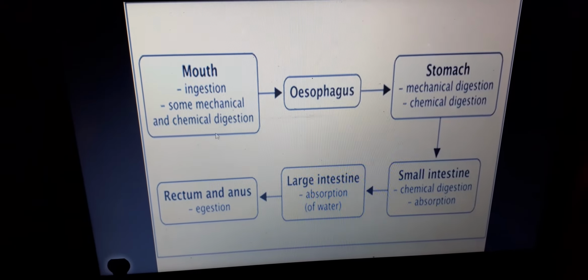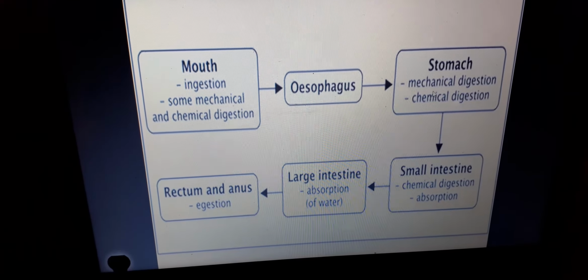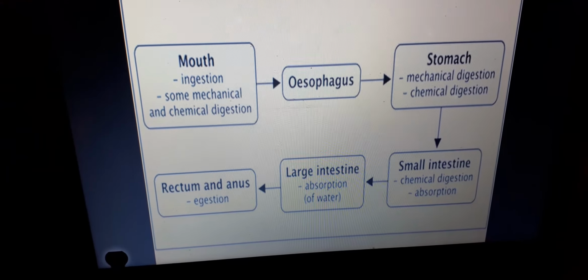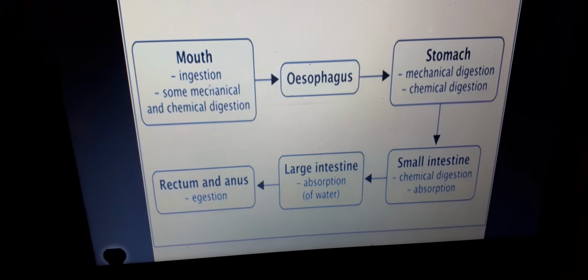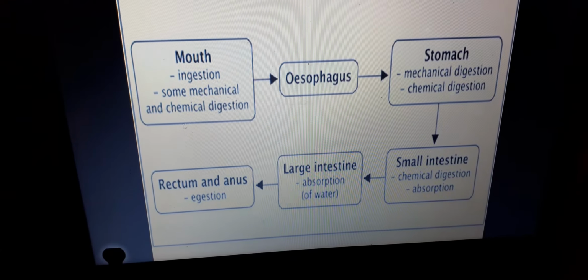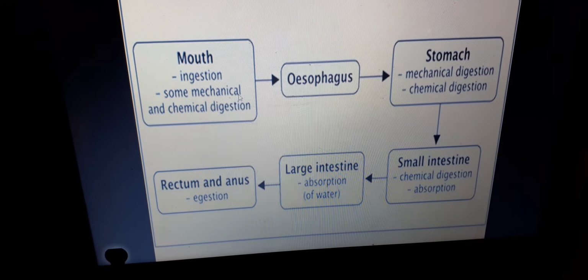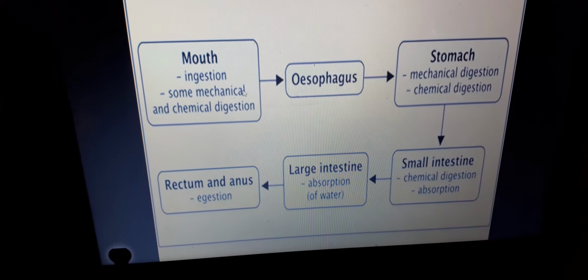Now this flow chart will help you understand the process of digestion in the alimentary canal. In the mouth, ingestion, with some mechanical and chemical digestion. Mechanical means when we chew food, the big-size food is broken into smaller pieces.